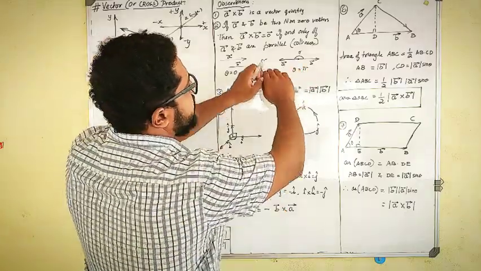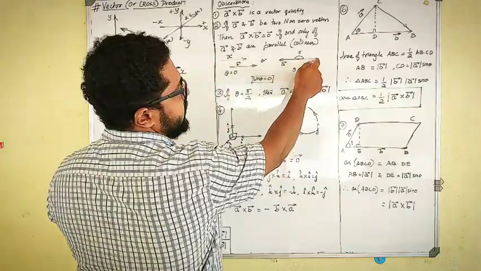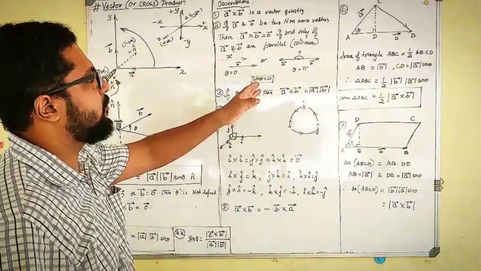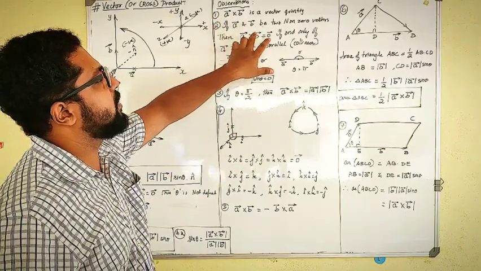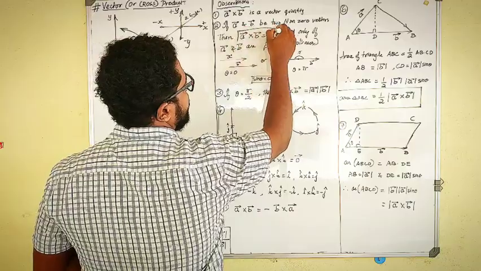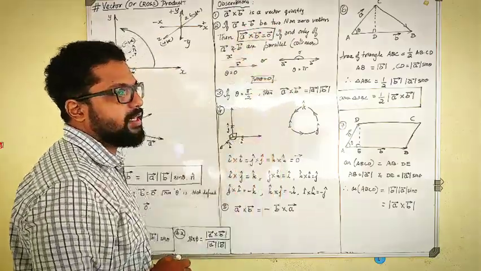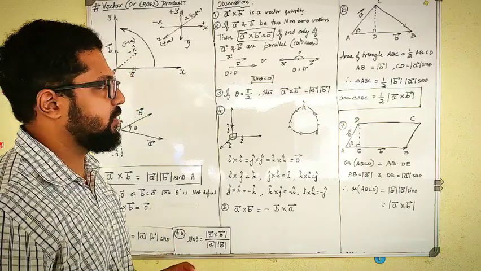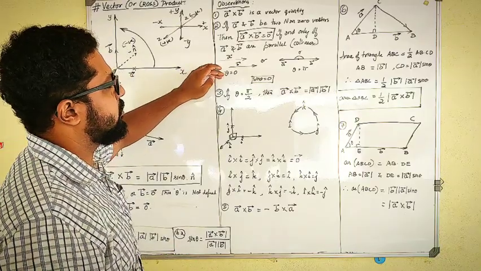Or the two vectors are collinear, that is, the angle between them is 180 or pi. Which will give me A cross B equal to the 0 vector. So don't forget the three conditions for obtaining a zero vector in a cross product. Then the second observation is over.